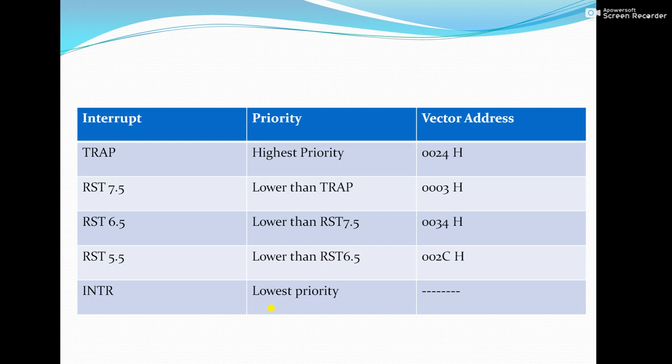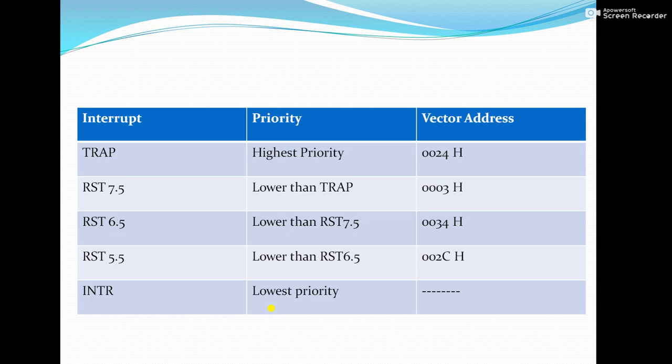Here, all the interrupts are arranged according to their priority, and also vector addresses of those interrupts are given. So trap is having highest priority and the vector address of trap is 0024H.